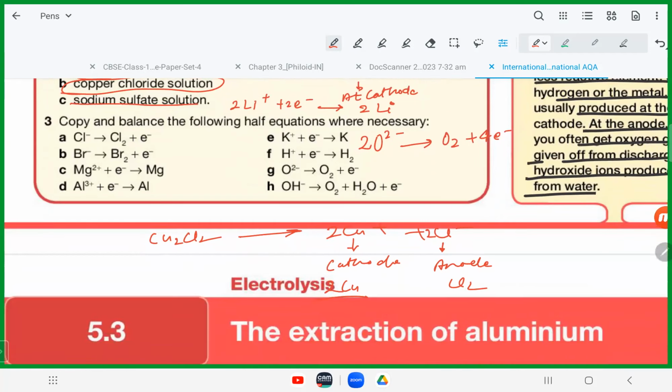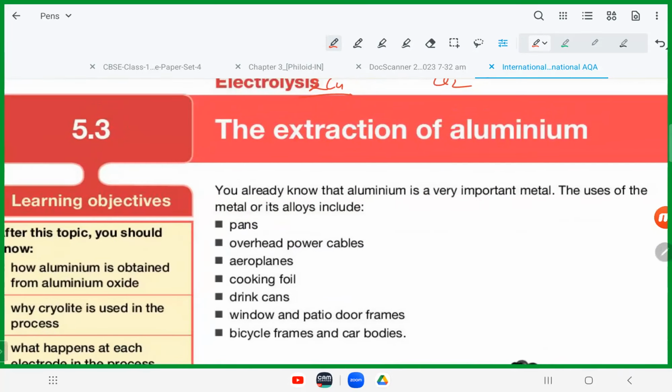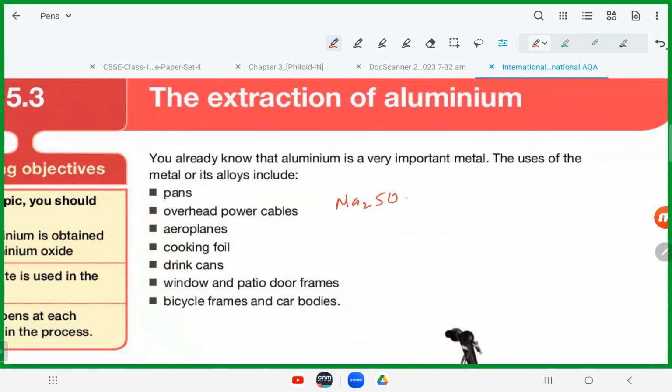Sodium sulfate. If you are talking about sodium sulfate, Na2SO4, it will give 2Na plus and SO4 2 minus. Na plus will take an electron and convert into Na at the cathode.